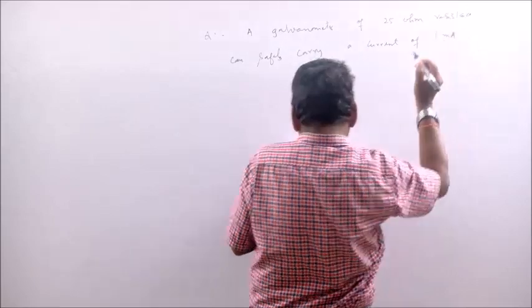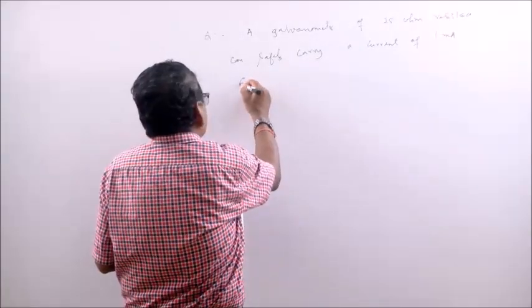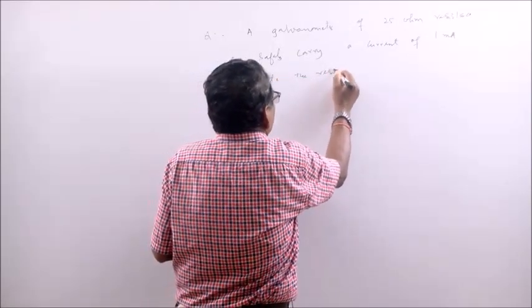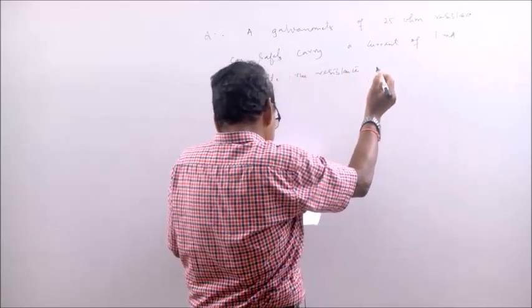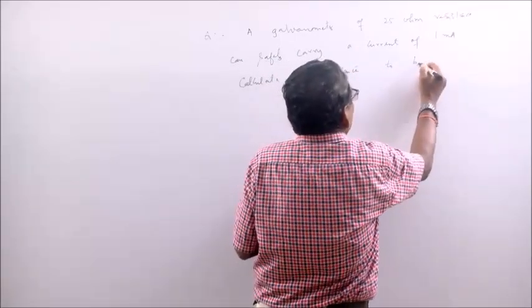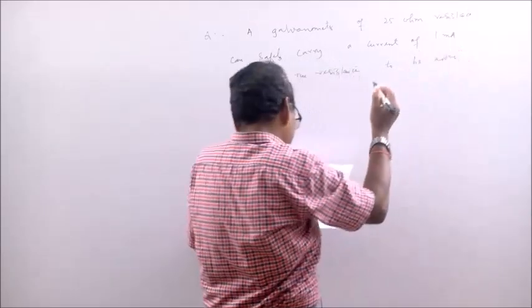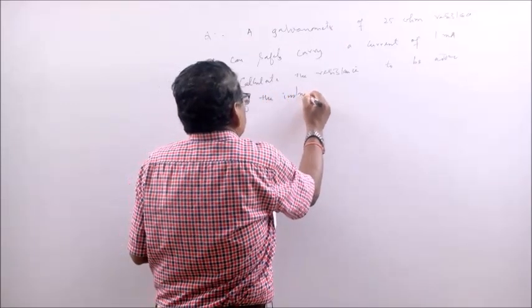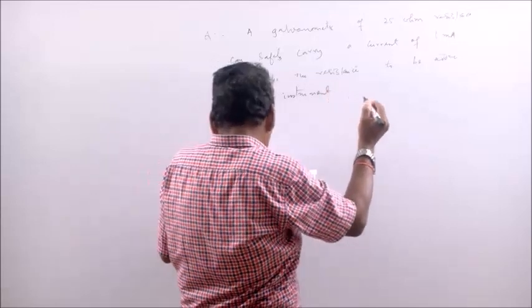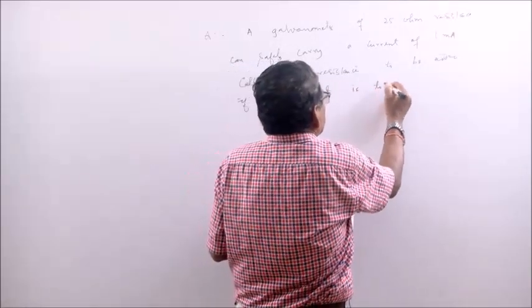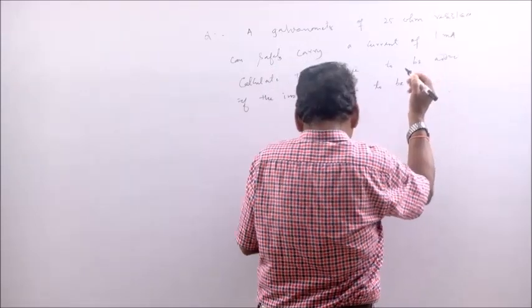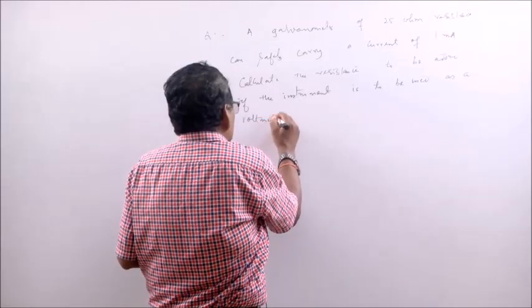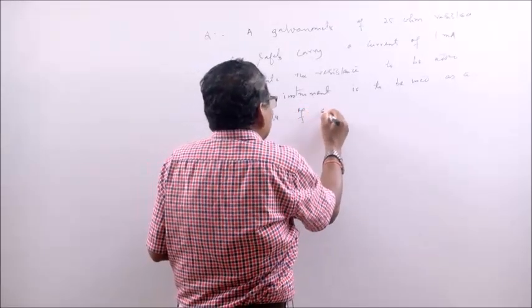Calculate the resistance to be added if the instrument is to be used as a voltmeter of 0 to 5 volts.